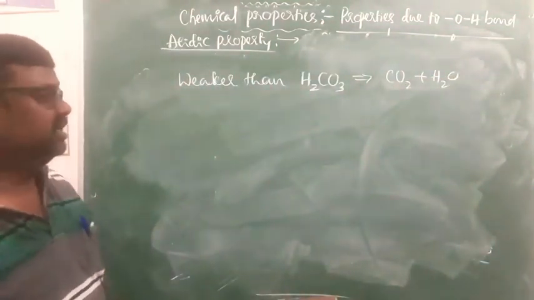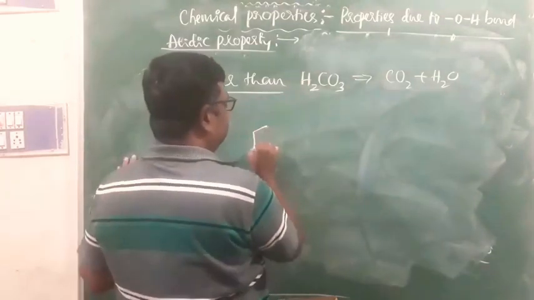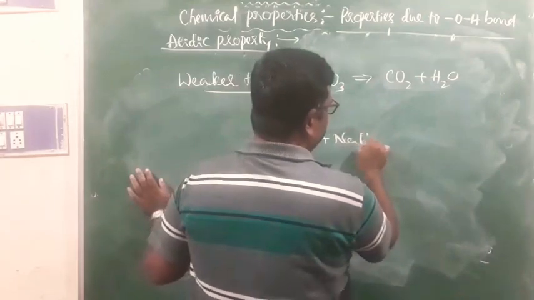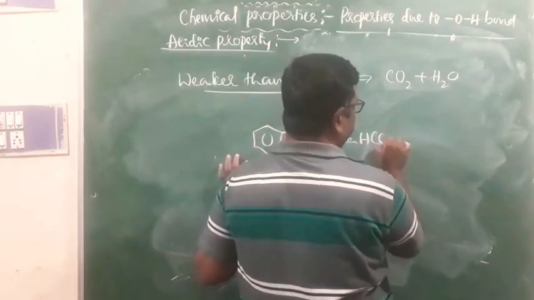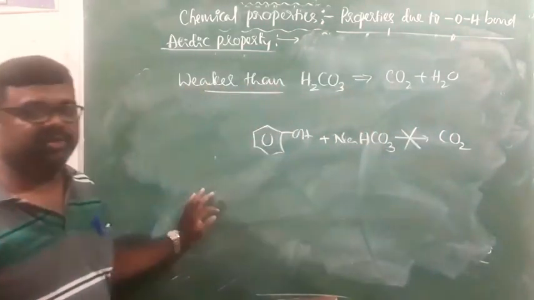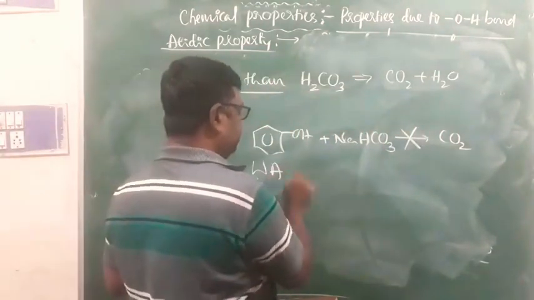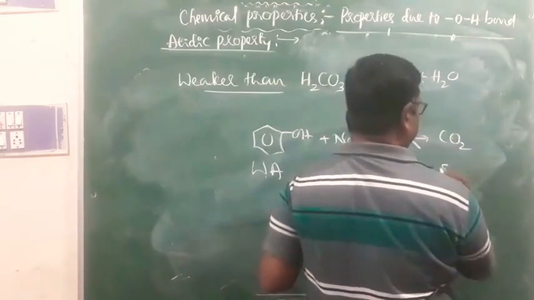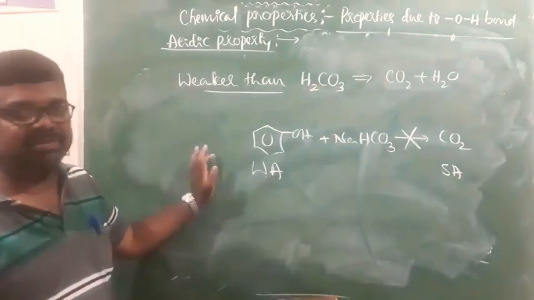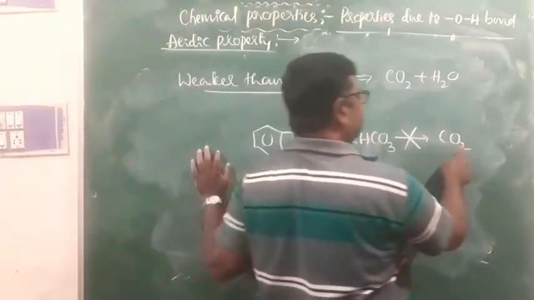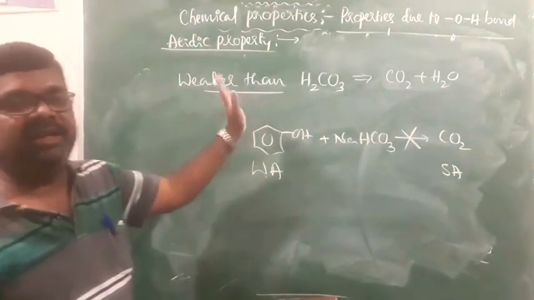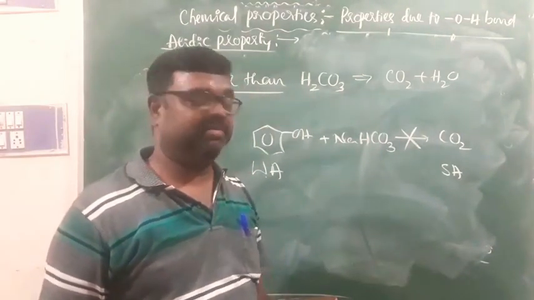That is carbonic acid. The acidic strength of phenol is less than that of carbonic acid. Therefore, it does not give carbon dioxide, because it is a weak acid and weaker than carbonic acid. A weak acid never displaces a strong acid from its compounds. Therefore, phenol never displaces carbon dioxide from sodium bicarbonate.